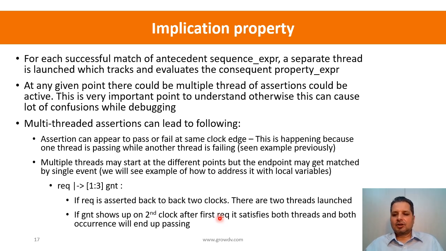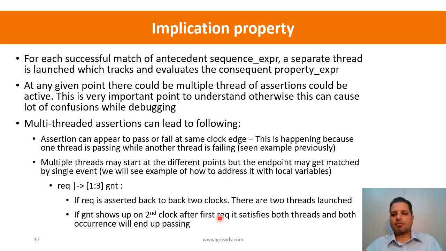The threads don't care for which one the consequent expression is getting satisfied. As long as the consequent satisfies them, both will terminate. You need to keep in mind that this condition can occur when you use the implication operator, because you are guarding, and still the results are less likely to face a false failure type of condition.